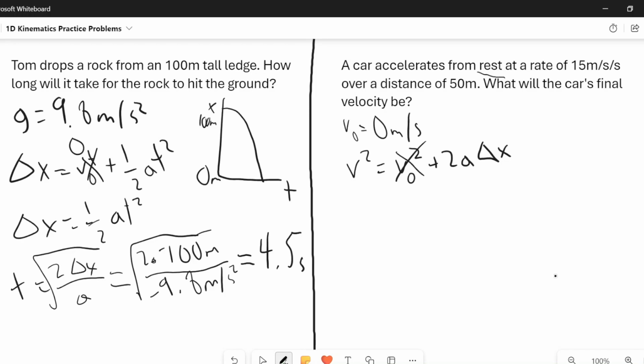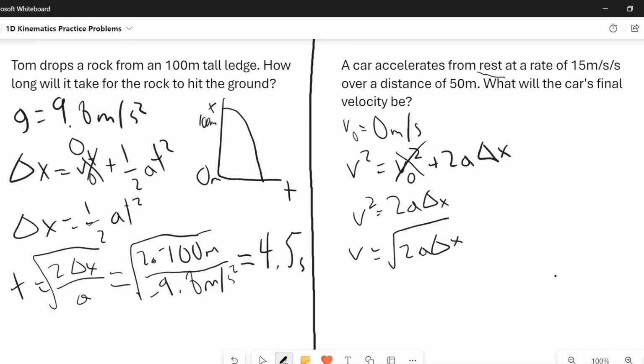So now we get that v squared equals 2a delta x. By moving around some variables, or by square rooting both sides, we get that the final velocity equals the square root of 2 times the acceleration times the change of position.